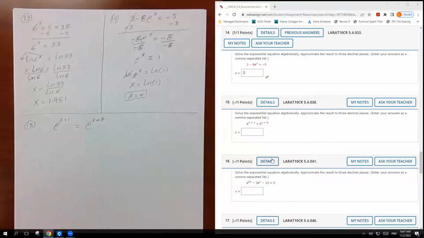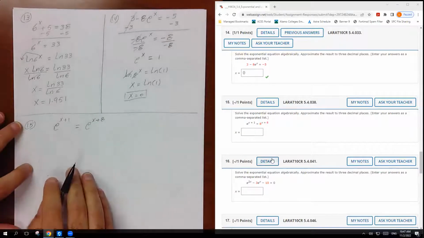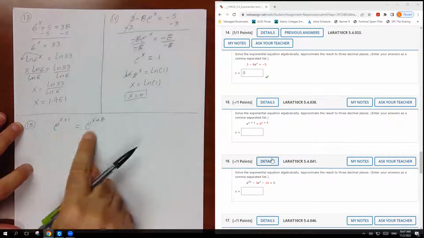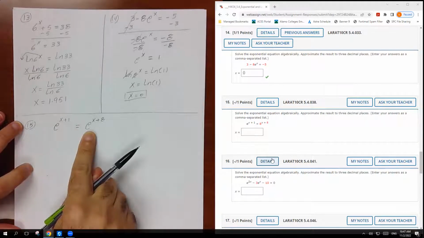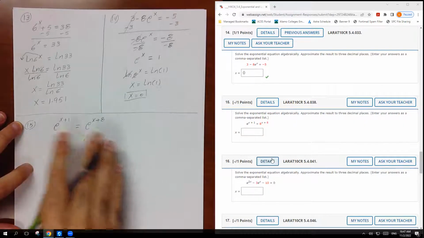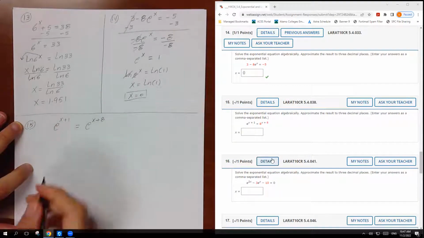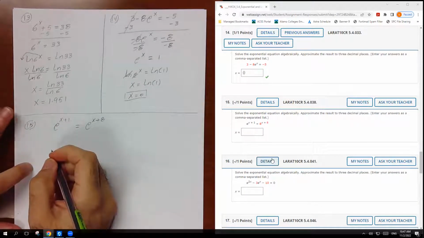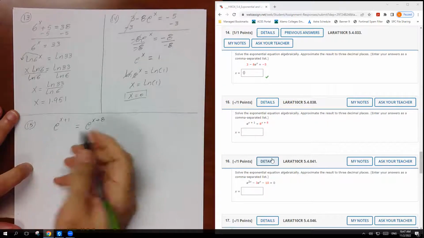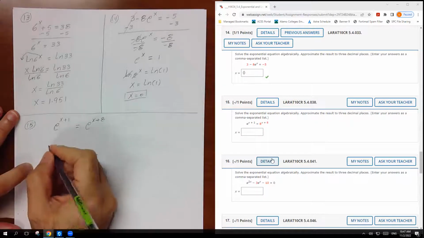Example 15, how are we going to solve this example? We have equal bases, so there are two methods to solve this one. If you say equal bases, equal exponents, you can just take the exponents to both sides. Or you can take ln to both sides.